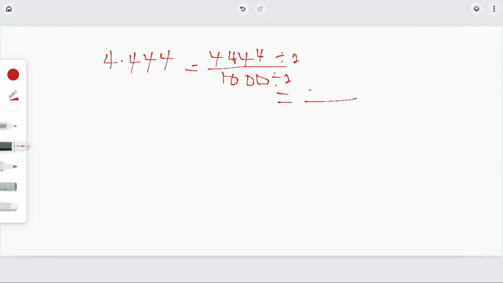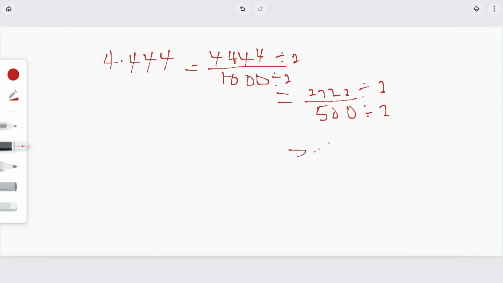So in the numerator we are going to get 2 2 2 2, and 2 here, and in the denominator we are going to get 500. You understand? 2 can go again, divided by 2, and this one divided by 2.